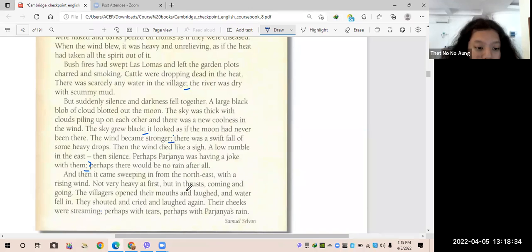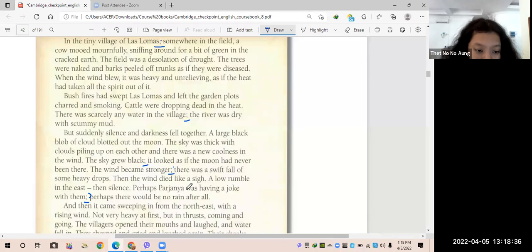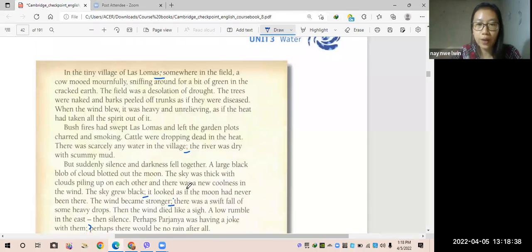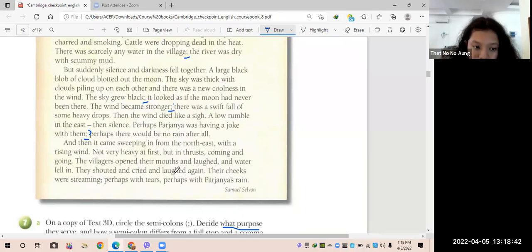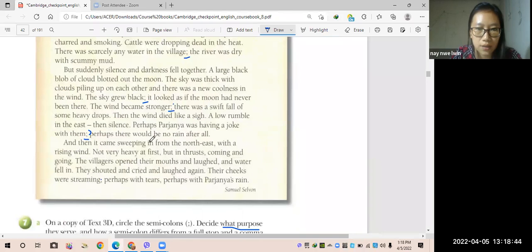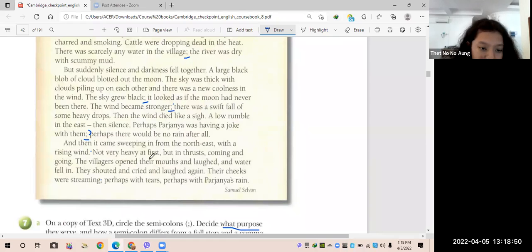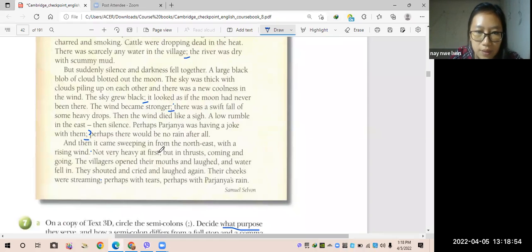Not very heavy at first. What is that? The last paragraph. Okay, the second sentence. Not here, not here. Not very heavy at first, and there is a semicolon, right?